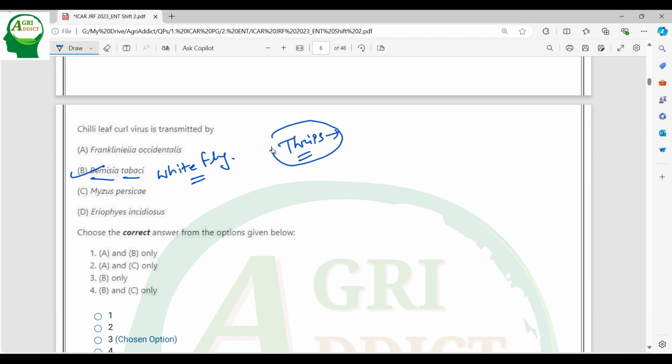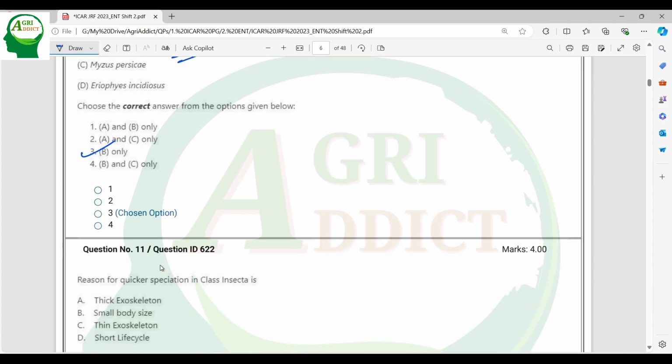So confusion is there, but from an entomology exam point of view, as an entomology student, you should go for whitefly, because whitefly is more appropriate. That is mainly a good transmitter of this chili leaf curl virus. So here B only is the correct answer, that is Bemisia.